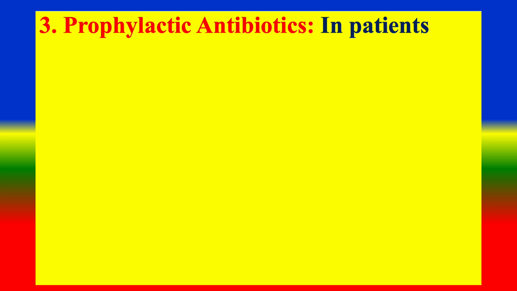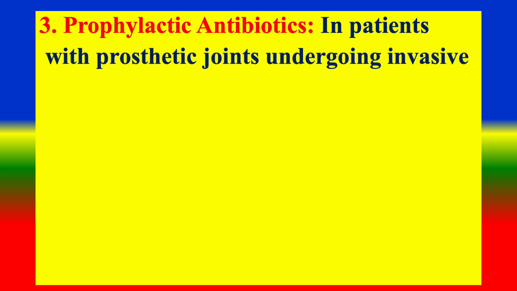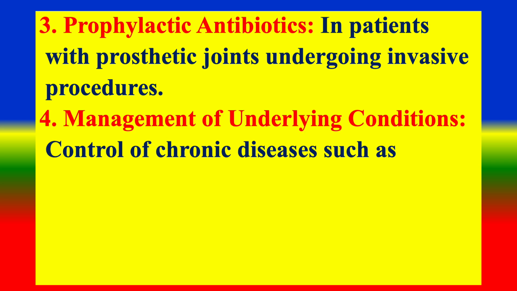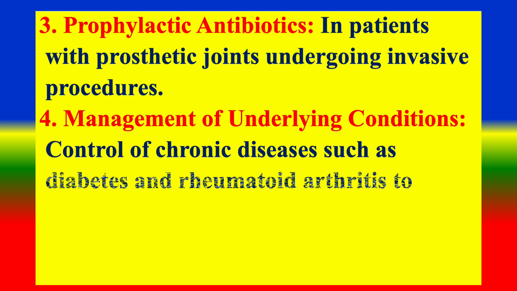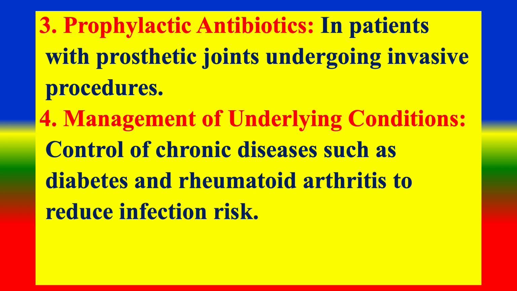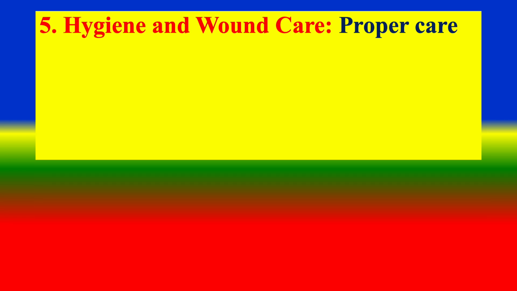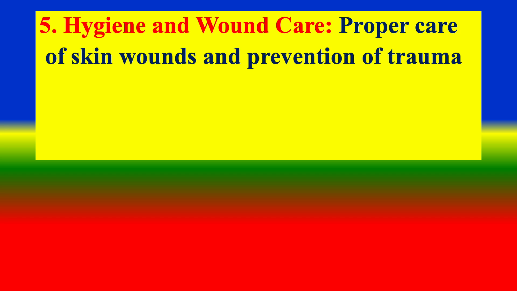Prophylactic antibiotics in patients with prosthetic joints undergoing invasive procedures. 4. Management of underlying conditions. Control of chronic diseases such as diabetes and rheumatoid arthritis to reduce infection risk. 5. Hygiene and wound care. Proper care of skin, wounds and prevention of trauma to joints.